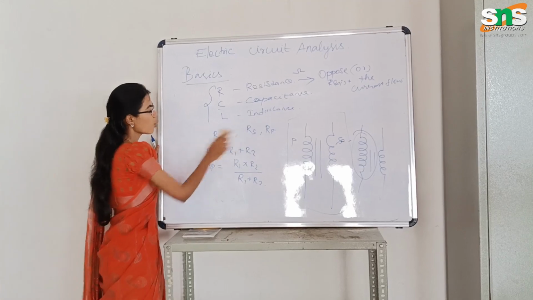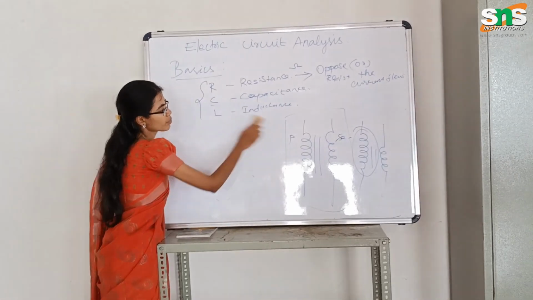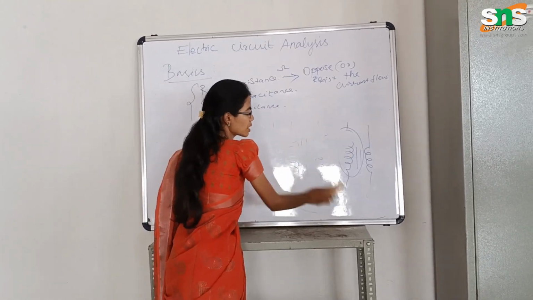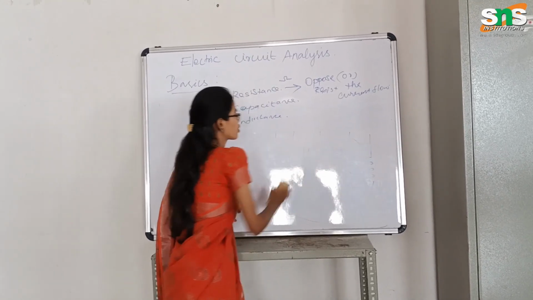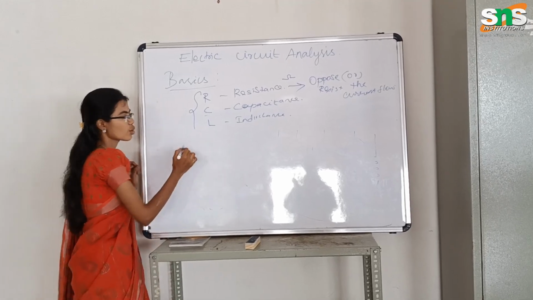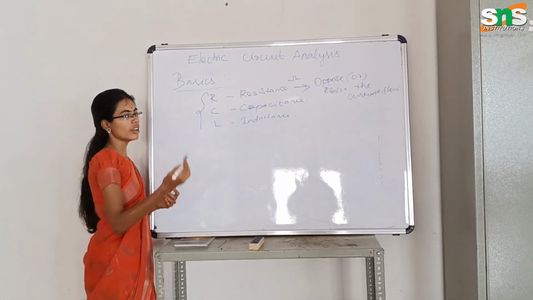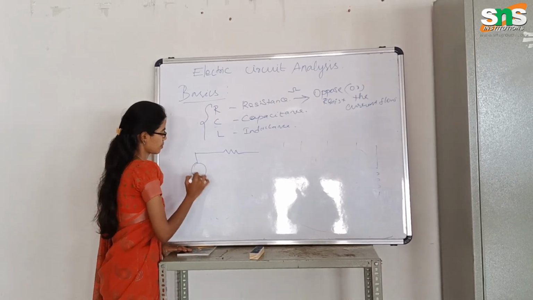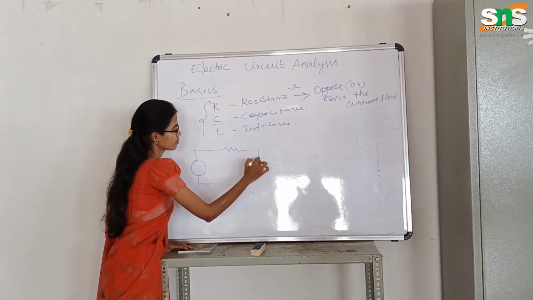What is meant by open circuit and closed circuit? By seeing the circuit, we can identify whether it is an open circuit or a closed circuit. I am giving two types of circuits. Try to identify which circuit is an open circuit and which is a closed circuit.